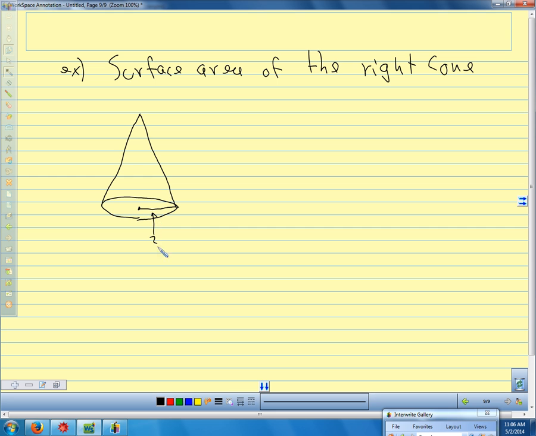And we're going to say that's 3 centimeters, and this is 12 centimeters. So we have our slant height. If it would have given us the height rather than the slant height, we would have been able to use the Pythagorean theorem to find the slant height because we know the radius.